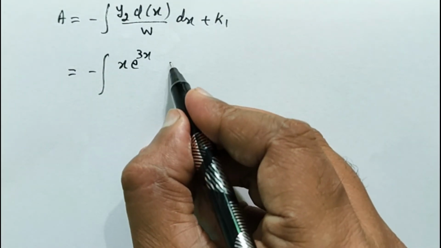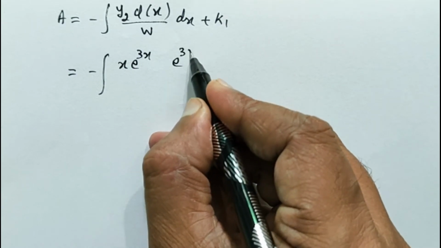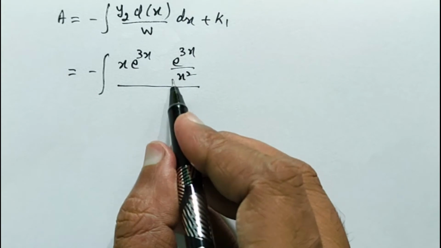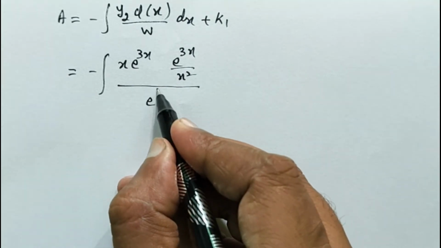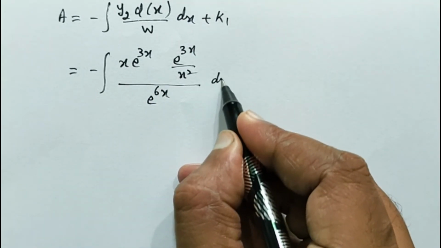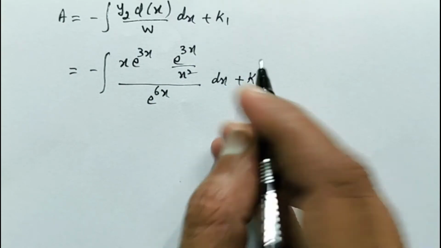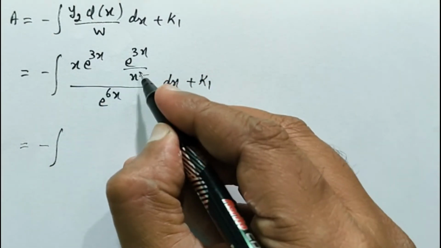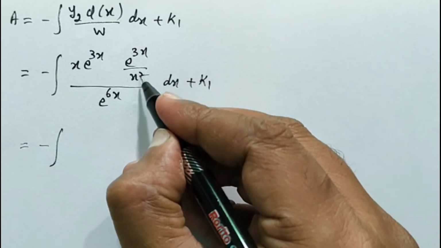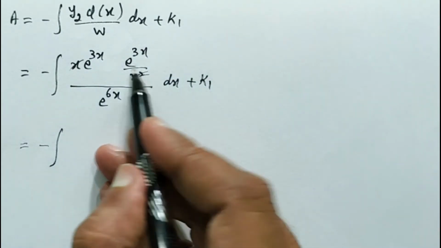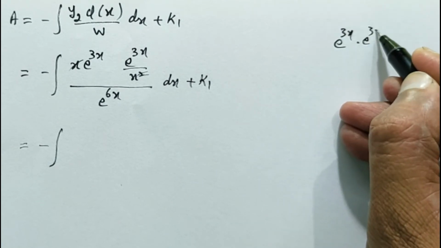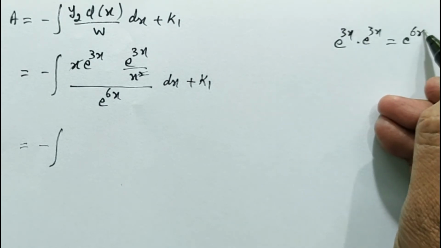Phi of x is e power of 3x by x square, divided by the value of w, which is e power of 6x, times dx plus the constant k1. So this will be minus integral of... the 1x will cancel out over here. You can see e power of 3x into e power of 3x is nothing but e power of 6x itself.